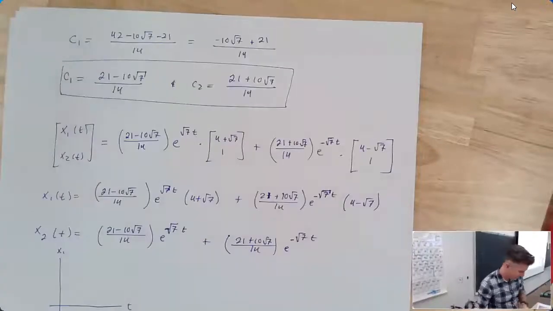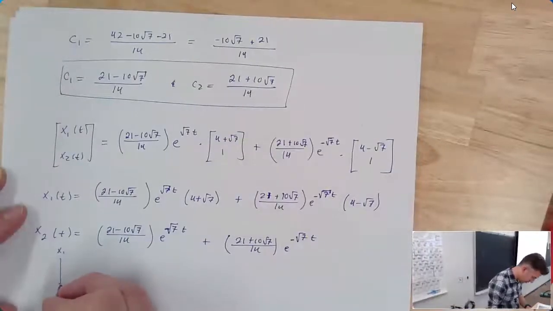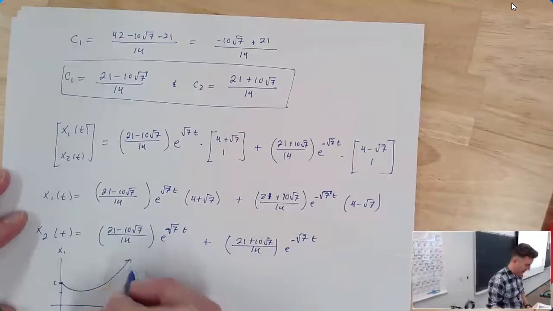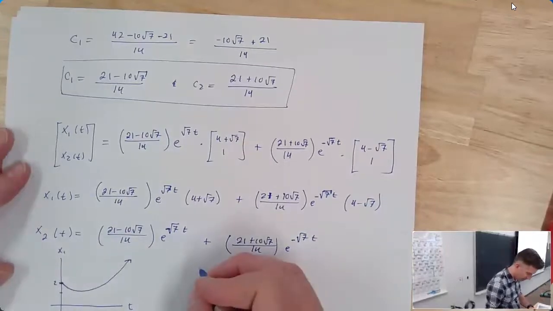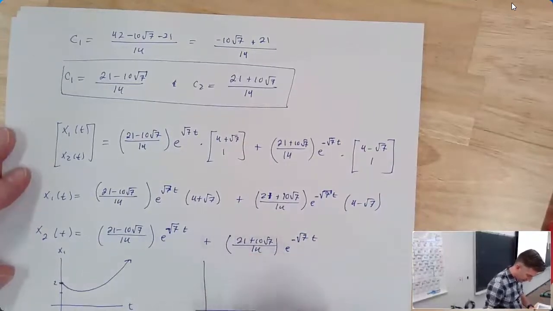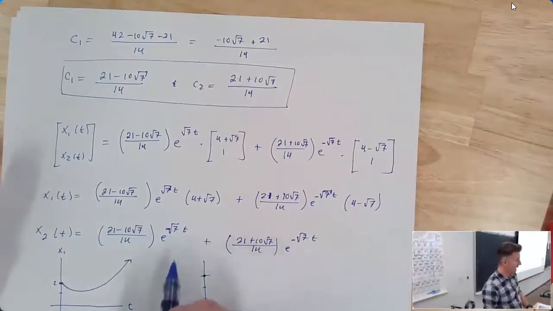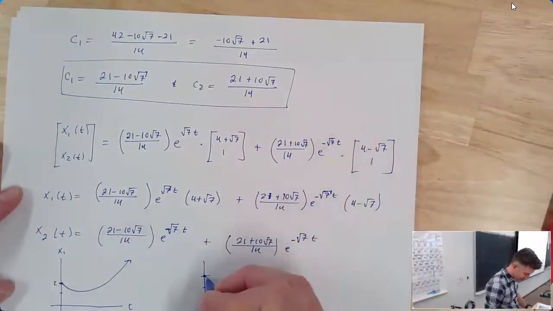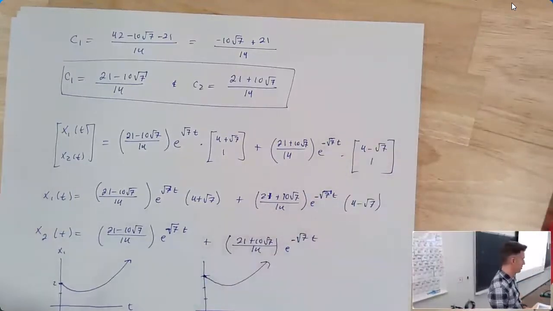So if you're going to graph this, you would start up here at 2. I don't exactly know what it'll look like, but it might do something kind of like that. And in a similar way, if we start at 3 for y, I don't know exactly what's happening in the middle. Maybe it just starts growing right off the bat, but it might dip down a little bit first and then eventually get larger and larger and larger.